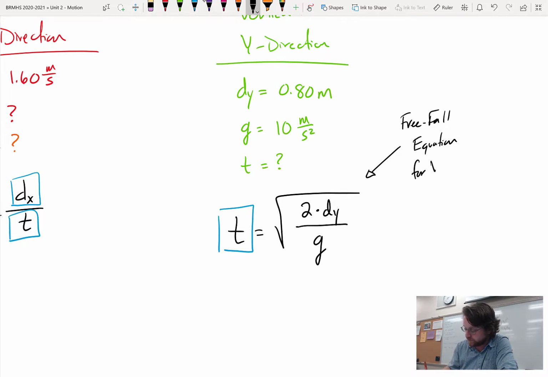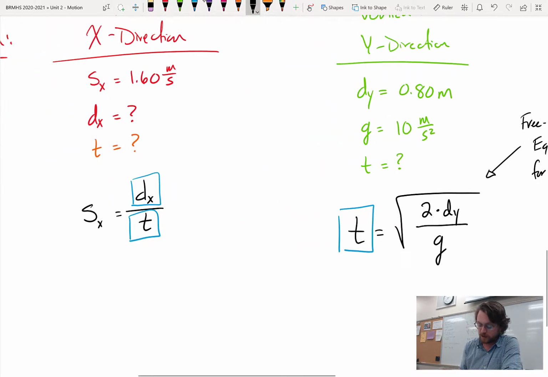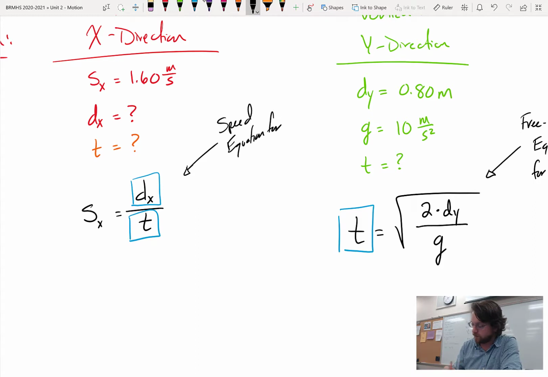Free fall equation for vertical stuff, the vertical part of its motion. Over here on the left side, I have the speed equation for horizontal stuff, or the horizontal part of its motion. And that's all we need.